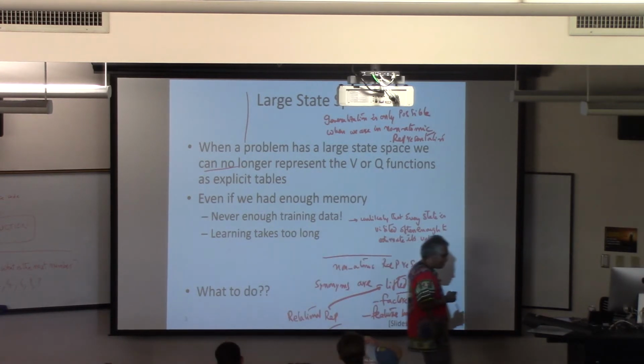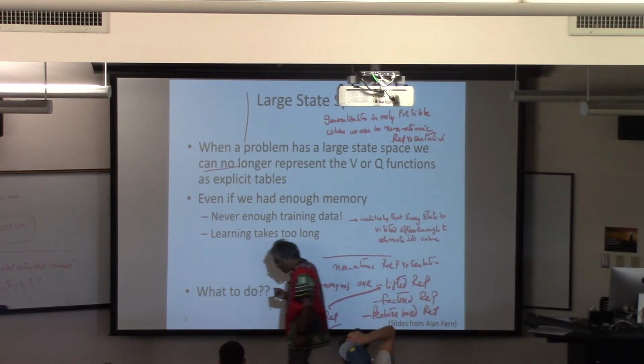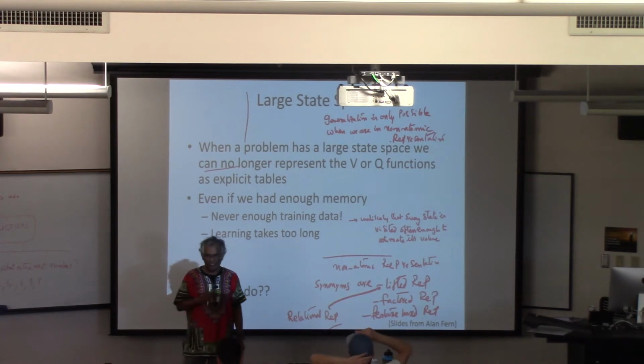The second part is, it's not just that you want to keep things compressed. The other problem of having a very large number of states is that the approaches that you have, the TD learning, the Q learning, etc., will take forever to converge.